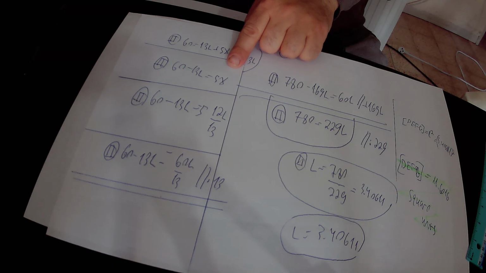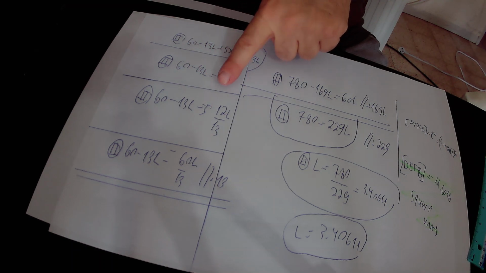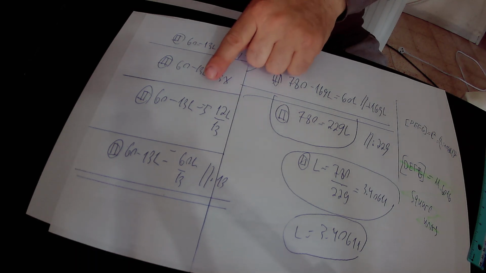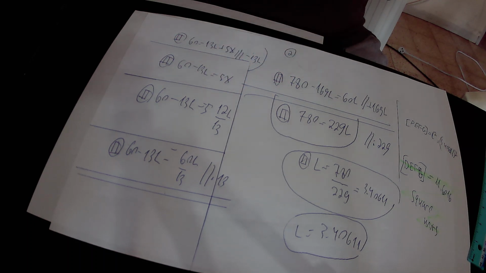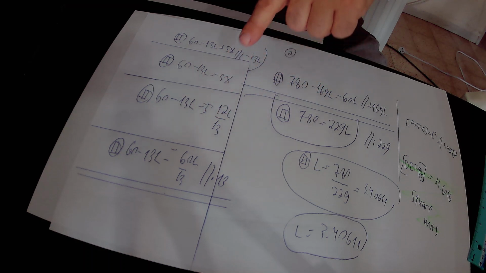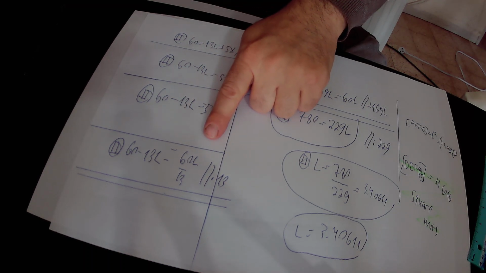We found that 60 minus 13L equals 5x, and x is 12L over 13. So 60 minus 13L equals 5 times 12L over 13, that is 60L over 13. So we found that 60 minus 13L equals 60L over 13.